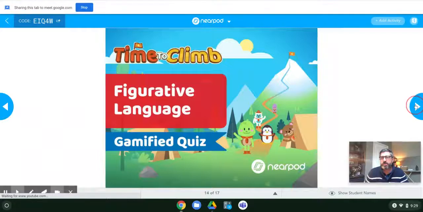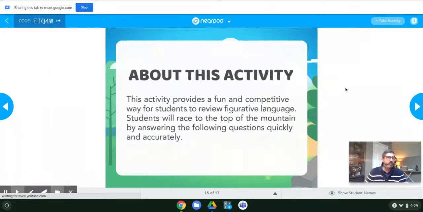This activity provides a fun, hopefully, and competitive way for you all to review figurative language. Students will race to the top of the mountain by answering the following questions quickly and accurately. I tried to play this last night, and there is a timer attached to each question, and it goes pretty quick, so just do the best you can.